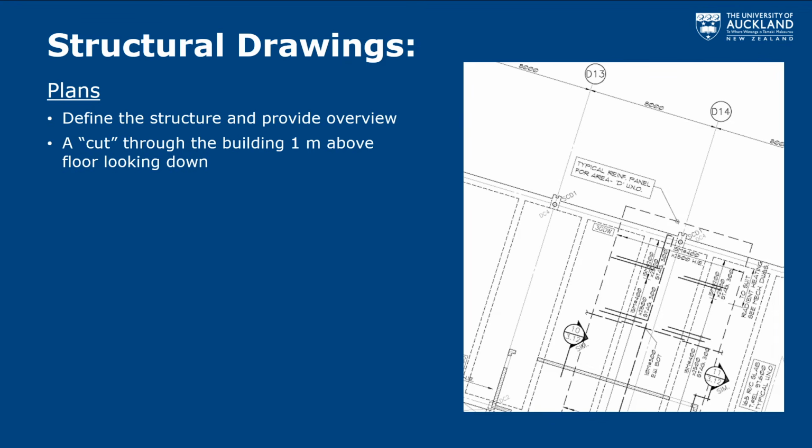What you can see in this image is that if you have a dashed line, that's what we call a hidden line. That means that these dashed lines represent an element which is below the floor, which would be just out of sight. But it's important for how the structure behaves and how we would read the drawing, so we want to make sure that we include it on here. A solid line is obviously something that we have cut through and that we can see.